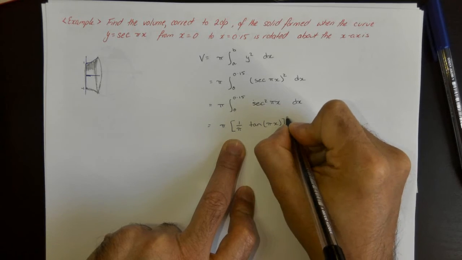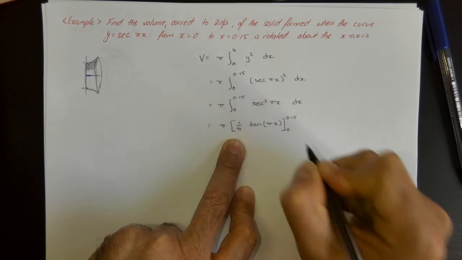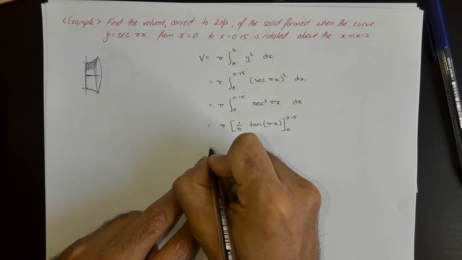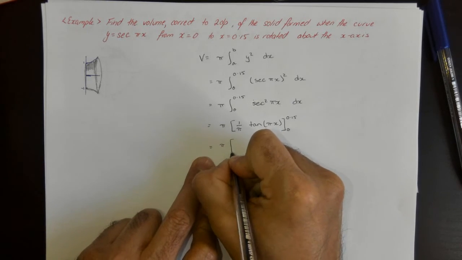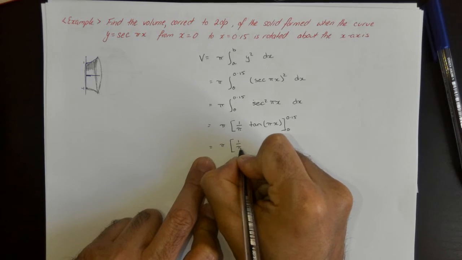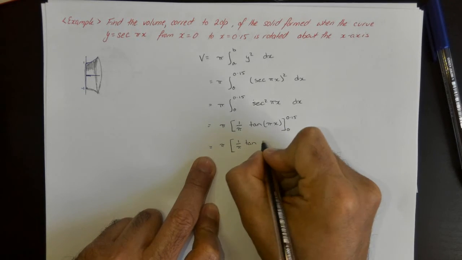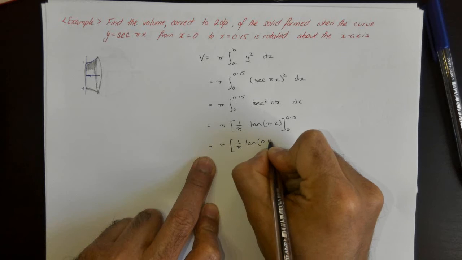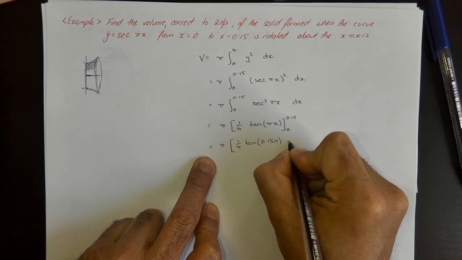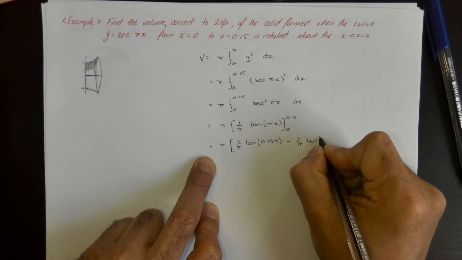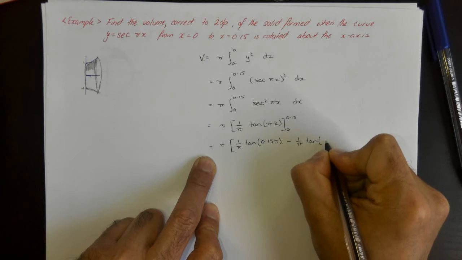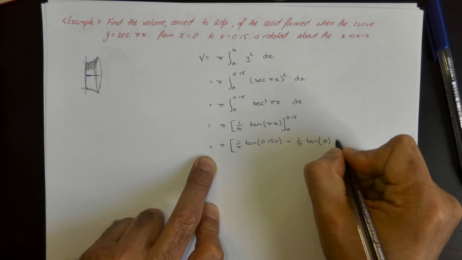And we're going from 0 to 0.15. Well, that's going to be tan of 0.15 pi minus tan of 0, which is 0.